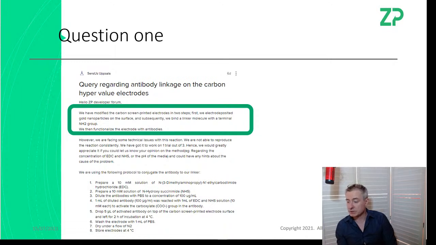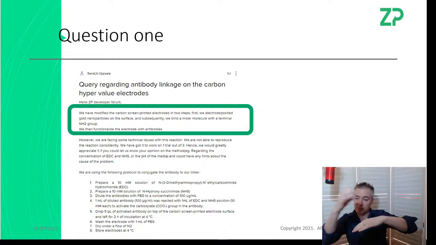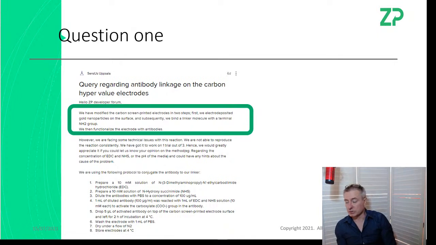Then they're trying to put a linker molecule onto the gold, where one end sticks to the gold and the other end has an NH2 group, and then you use that NH2 to do an EDC NHS coupling, so they can couple an antibody onto that. So it's fairly standard stuff, and they're having a few problems.